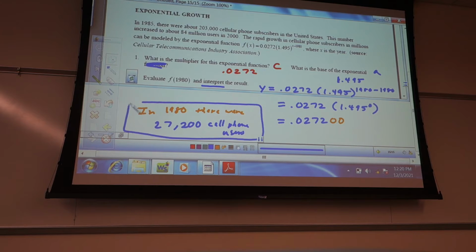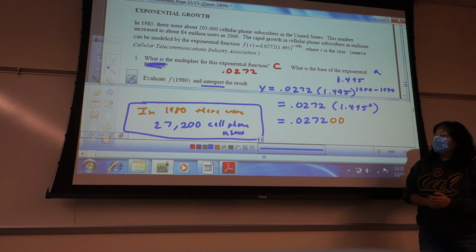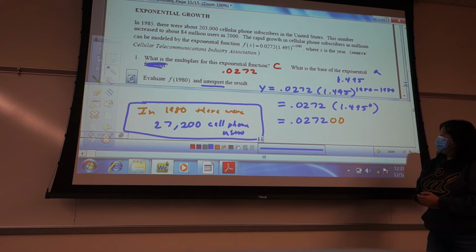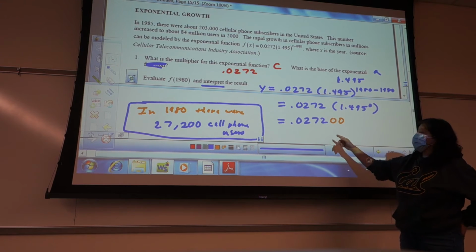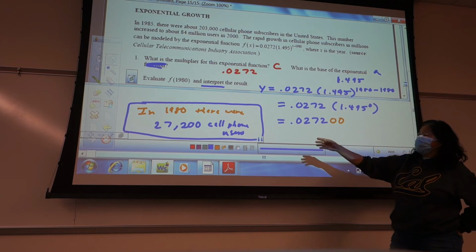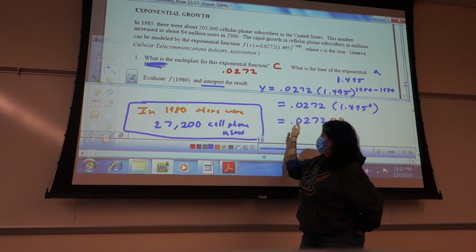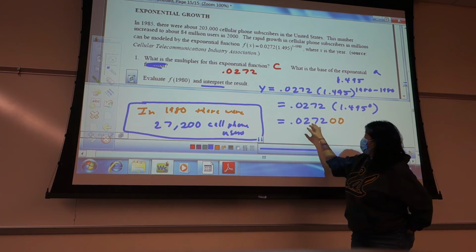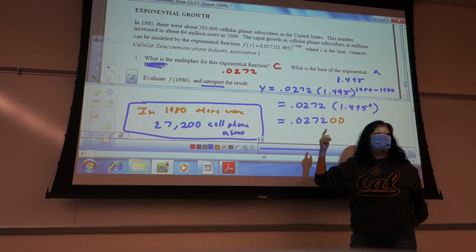That's what that means. Or you could say 0.0272 million. 0.0272 times 1 million would be 27,200. I'm less worried that you get from here to here so much as you understand that there were this many million in 1980. Are we okay with that part at least?